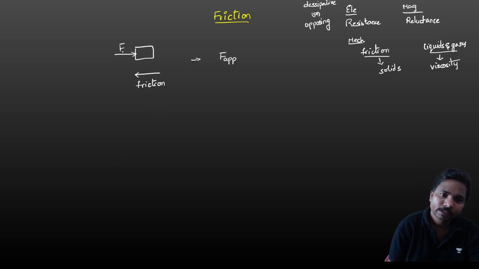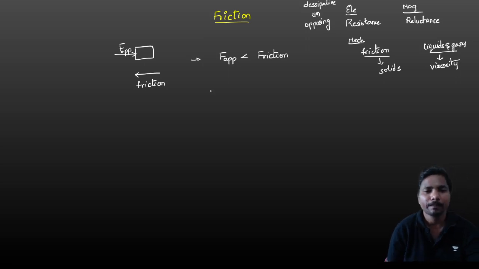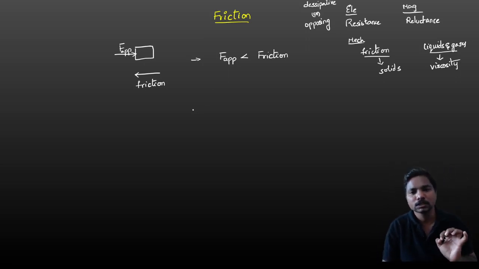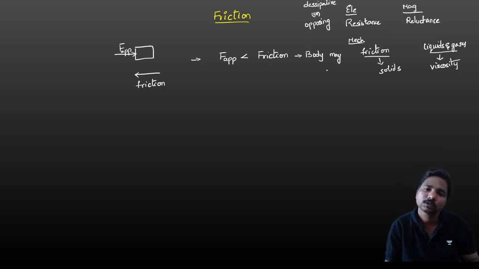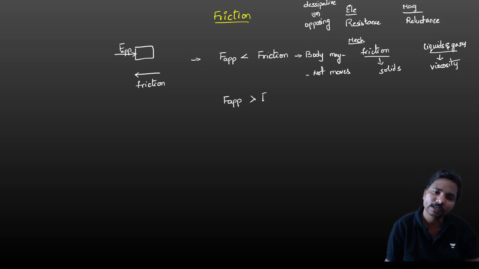If our applied force is less than the frictional force, then the body may not move. Whenever our applied force is greater than the frictional force, then only the body starts moving.